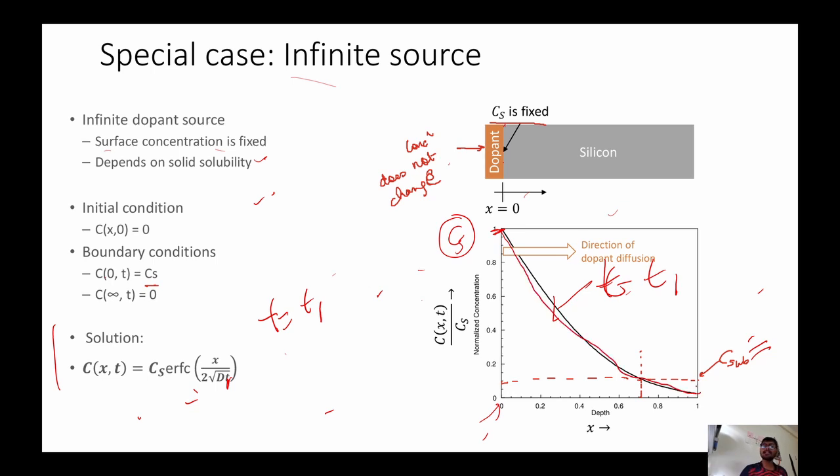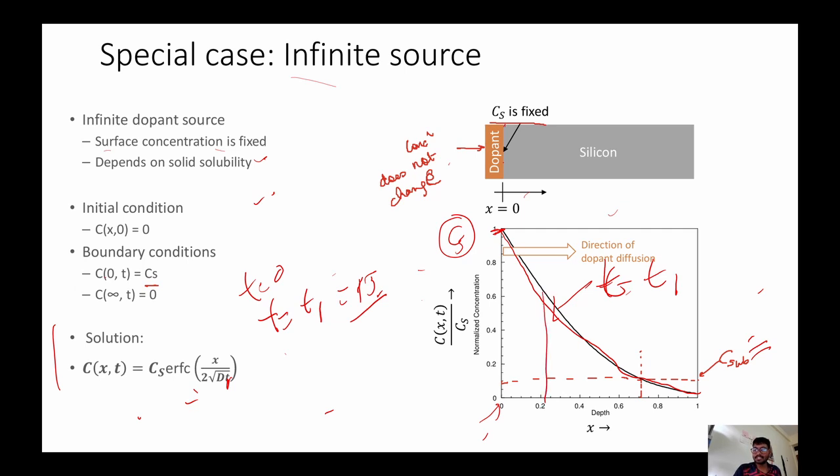This is the space time concentration at any time t after the diffusion starts at t equal to 0 and t equal to t1, let us say 15 minutes. After 15 minutes, how much dopant has diffused inside the silicon crystal? That is given by this graph.